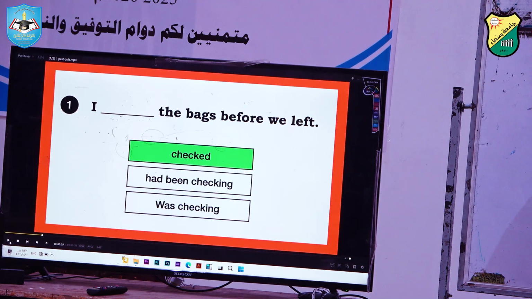If you have the verb like had checked, it could be possible, if it were past perfect. But because it has ing, it's not correct. Yes.